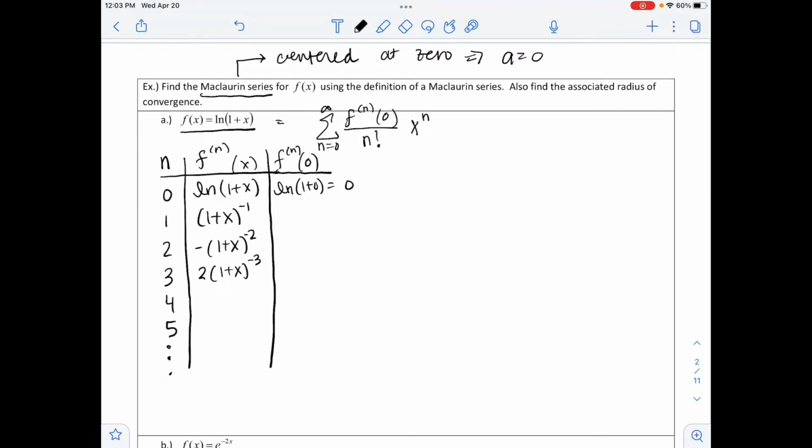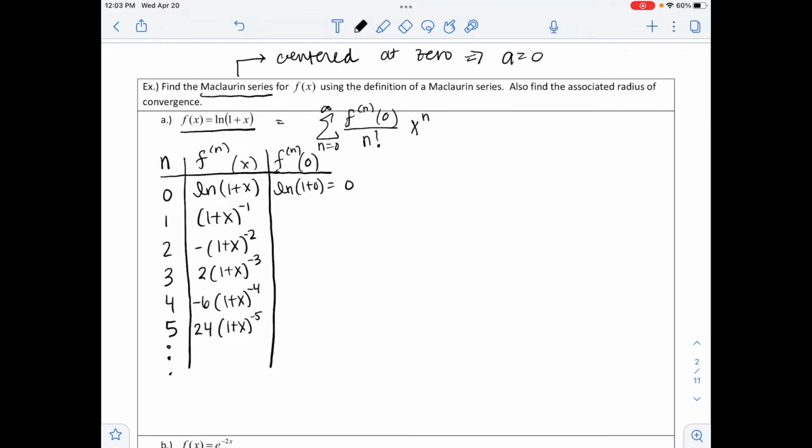And then our fourth derivative is going to be negative 3 times 2 is negative 6 times 1 plus x to the negative fourth times the derivative of the inside, 1. Then negative 4 times negative 6 is 24 times 1 plus x to the negative fifth times the derivative of the inside, which is just 1.